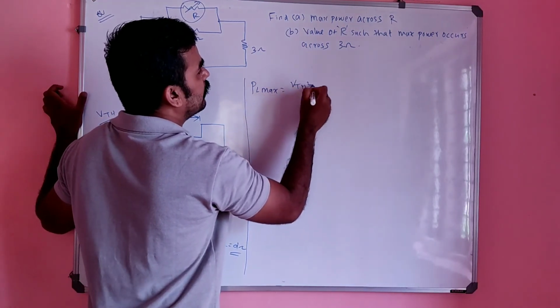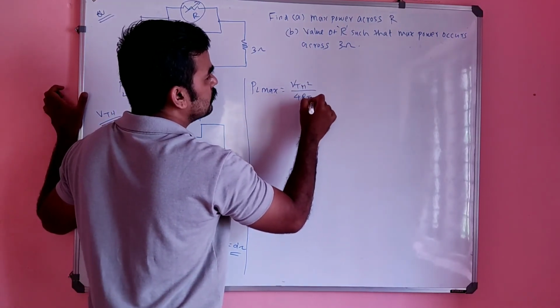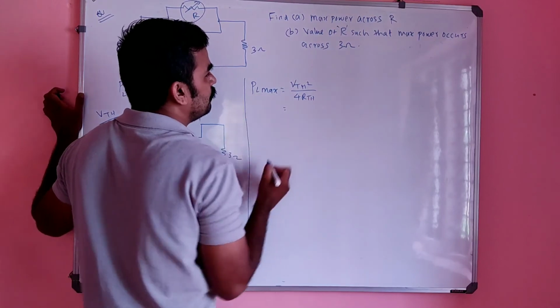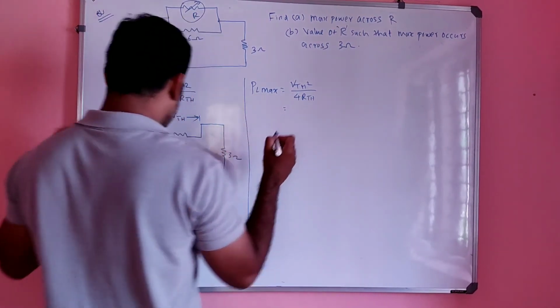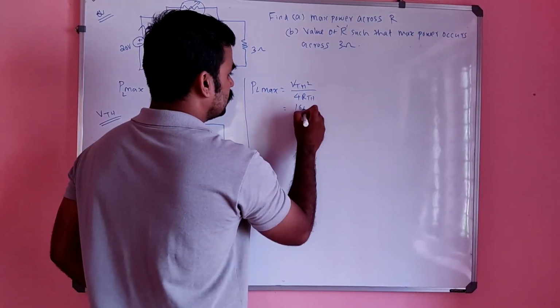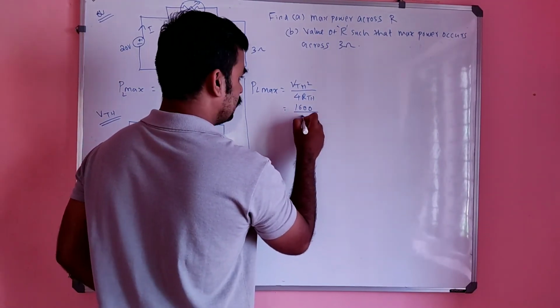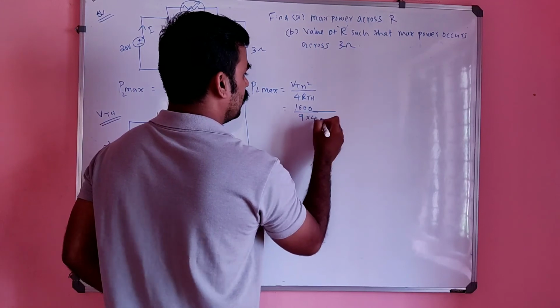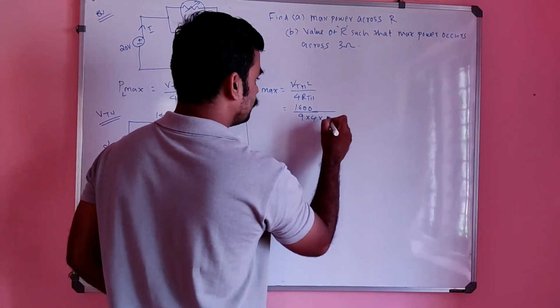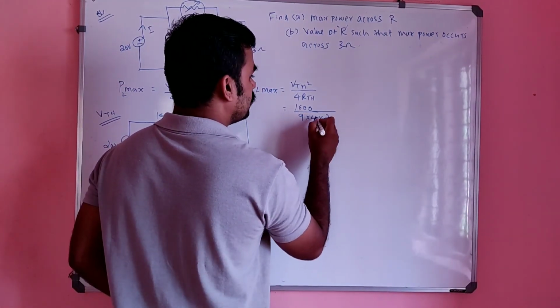So maximum power will be V Thevenin square divided by 4 into R Thevenin. So it will become, what is that? V Thevenin square divided by 4 into R Thevenin, which is nothing but 2. Correct?